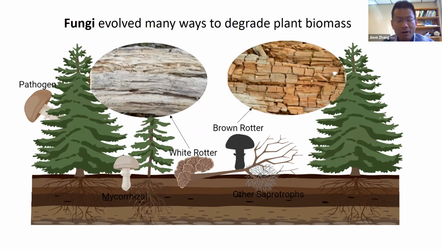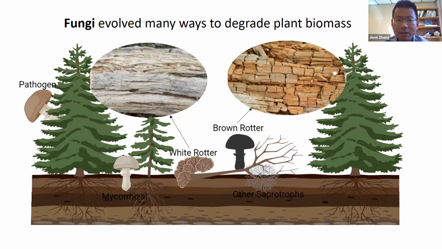Also, there are at least two groups of fungi, or wood decay fungi, we call it. They are very efficient plant biomass decomposers. So they are white rotters and brown rotters. So these two are the main plant biomass or lignocellulose degrading fungi, probably in the forest system.